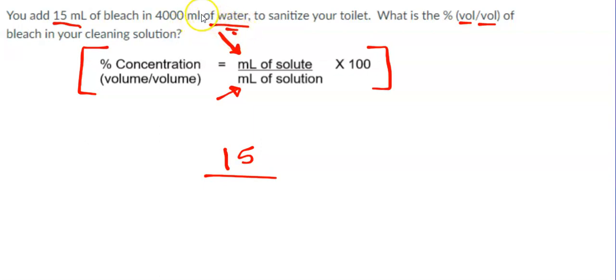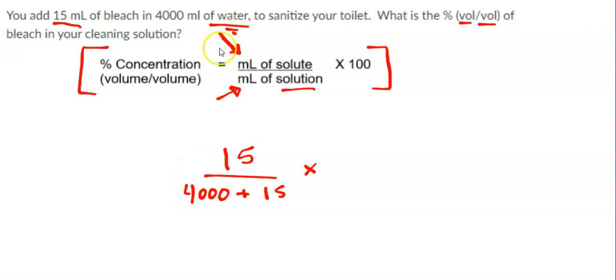Now you need to be careful. If it says just water and we need the solution, then you need to take your 4,000 and add the 15 milliliters of your solute. If it says 4,000 milliliters of solution, then you would just put 4,000 as your denominator.